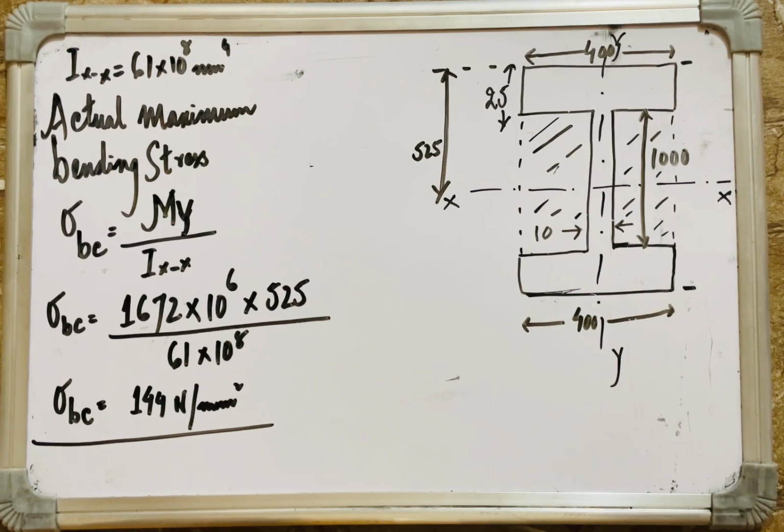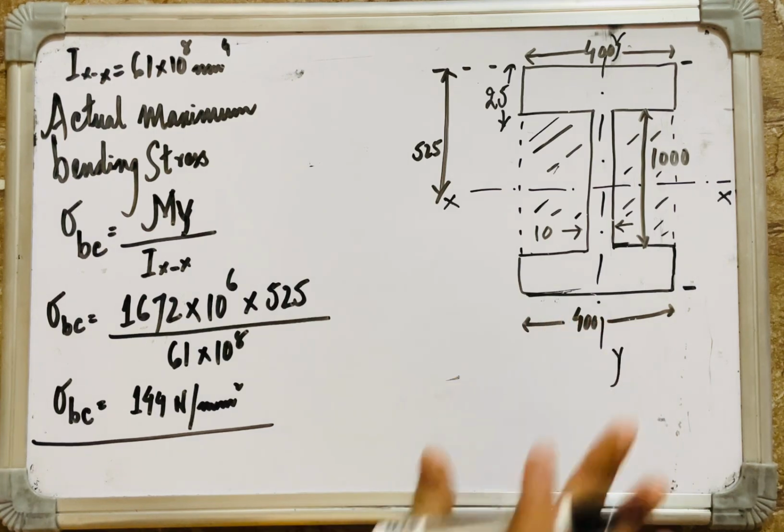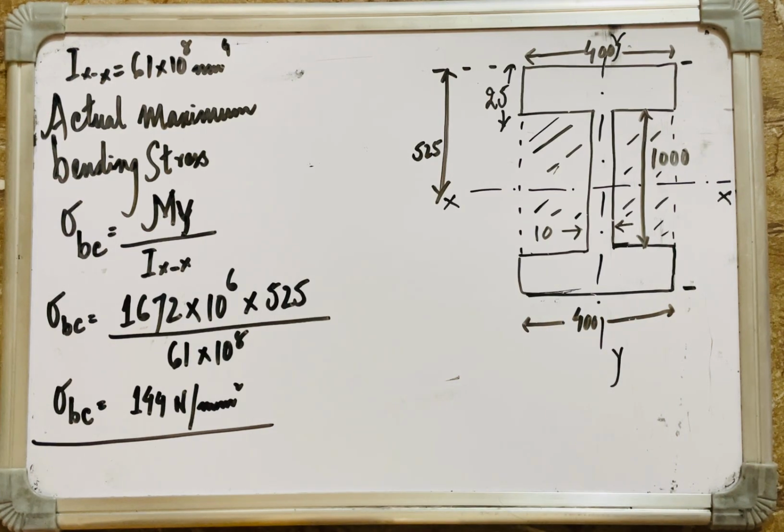Now, for checking the section for the flexural or bending stress, we have to compare it to the permissible bending stress that is allowed for this trial section of the plate girder. We have to calculate that, and that is a lengthy process.